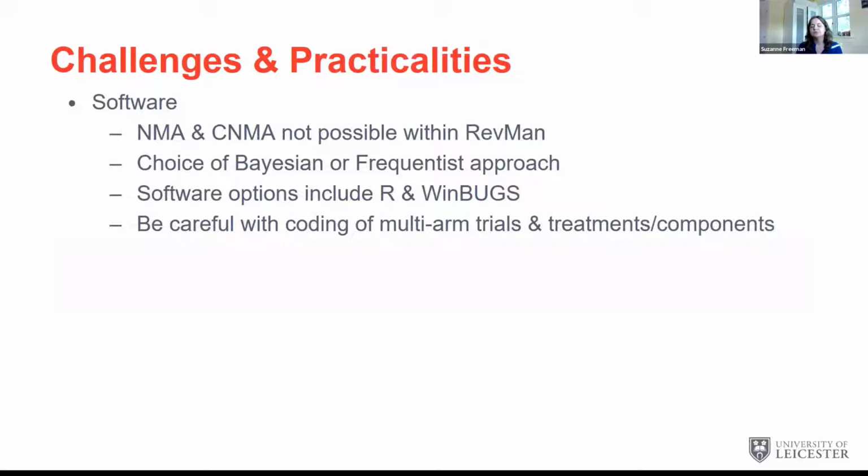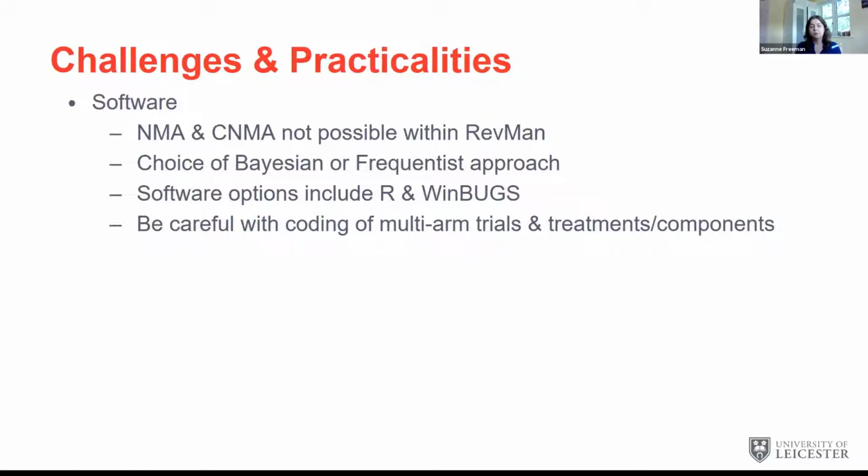So there are some challenges and practicalities to fitting both network and component network meta-analysis, neither of which can be fitted within RevMan, which means that the software options do require some knowledge, probably some programming knowledge. Both network and component network meta-analysis can be fitted in either a Bayesian or a frequentist approach.